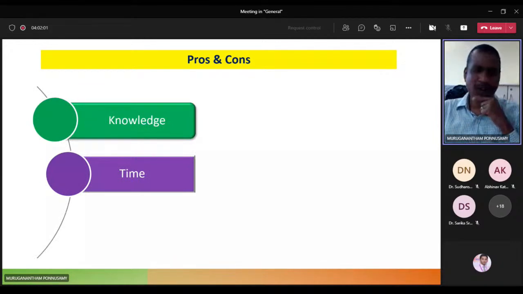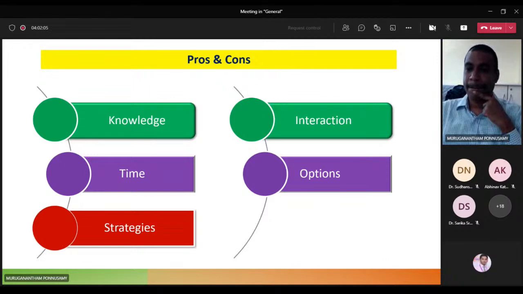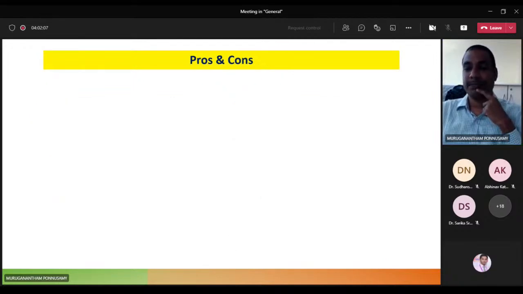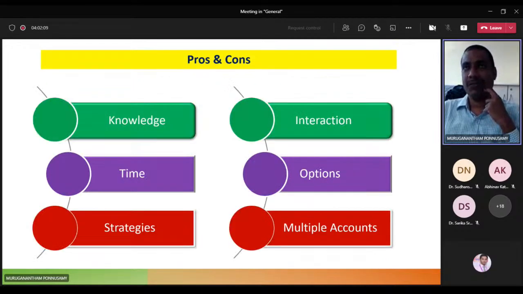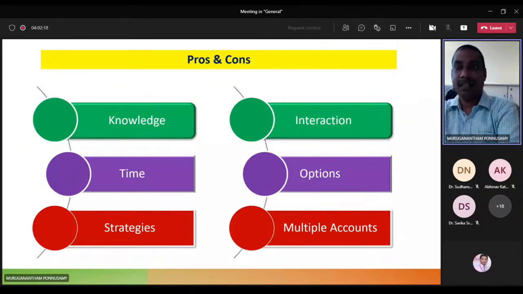When we go for auto allocation, that is the machine allocation, there are some pros and cons. We cannot interact with the machine multiple times. Maybe some of you are fed up with such kinds of algorithms from past experience. For example, you started an online account in a bank.